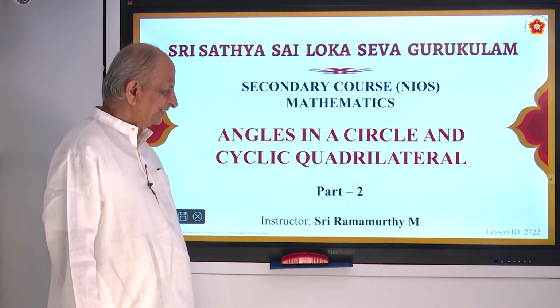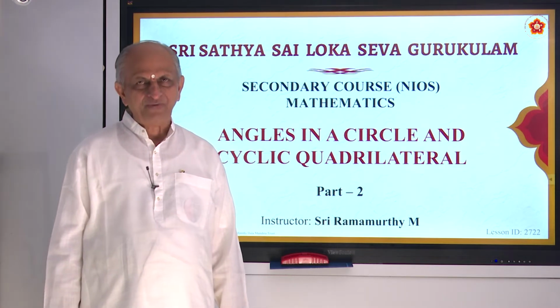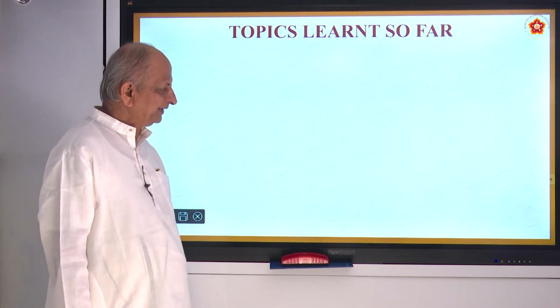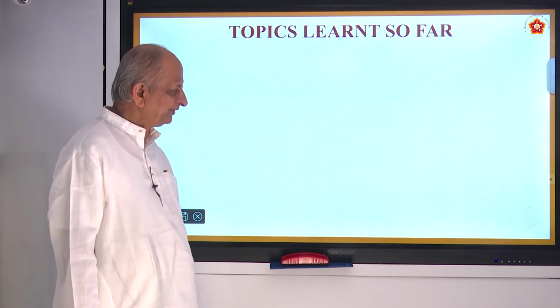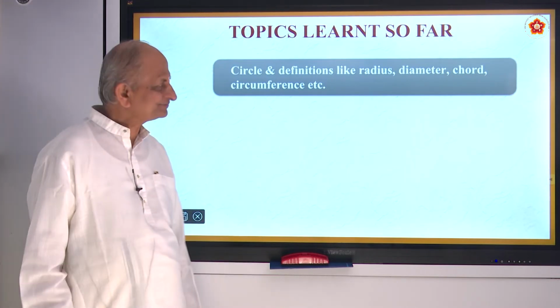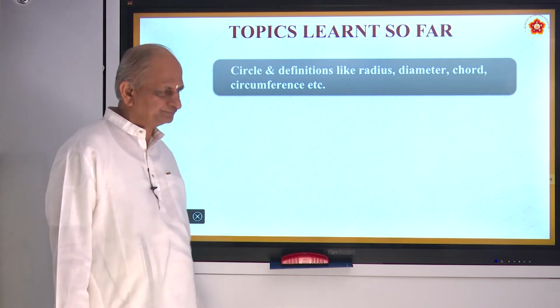We will see some interesting properties of a circle. Before we come to the topic, let us revise what we have seen in the previous class. We have seen the definition of a circle.